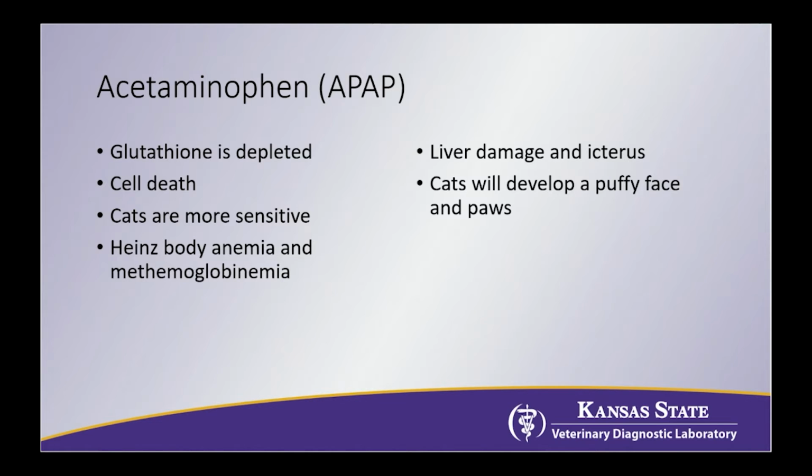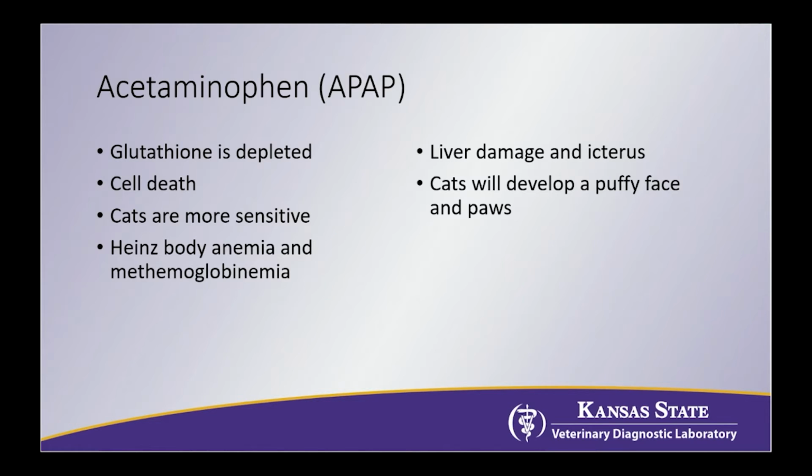Acetaminophen is another common compound we see associated with our small animals. Again, because humans are using these, animals get exposure. Cats are more sensitive to the acetaminophen, Tylenol. They're going to be more sensitive at a lower dose, so we potentially see more issues with cats than dogs.